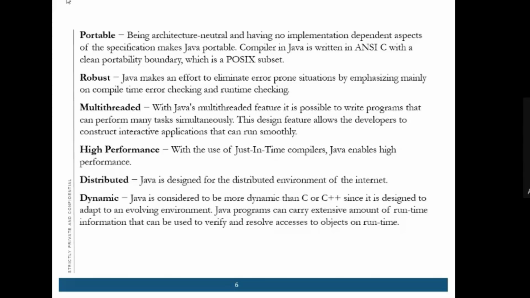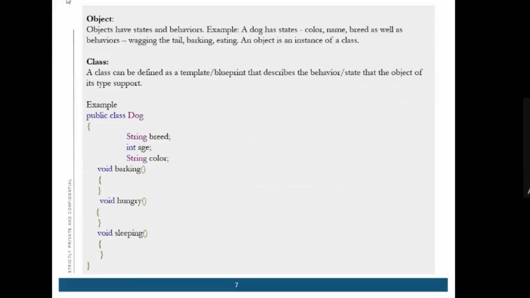It also has high performance. Java enables high performance in compiling and everything. It's a very distributed and very dynamic programming language. Unlike C++, it is very dynamic, and we will learn more about how it is dynamic. So these are some features of Java.